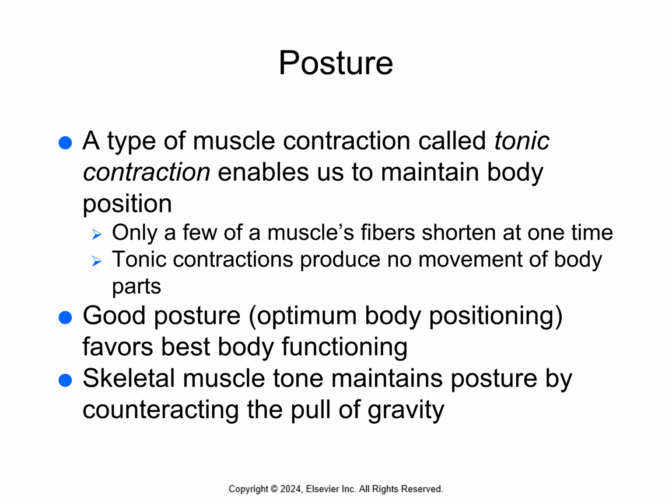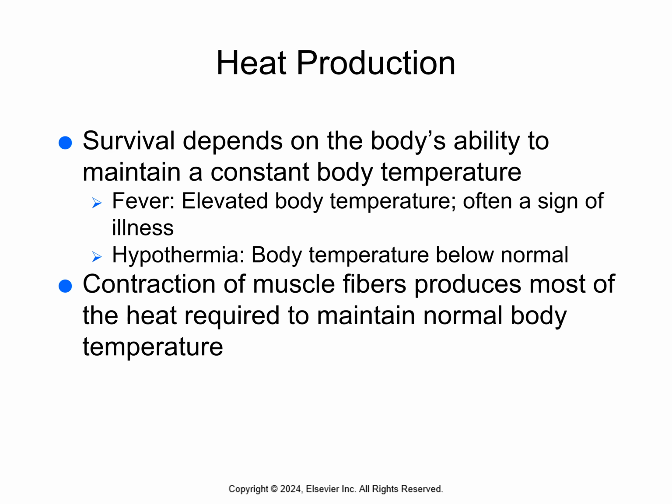Another function of skeletal muscle, outside of movement and posture, is heat production. To survive, our body's ability to maintain a constant body temperature is important. So if we have what they call a fever, being febrile or hyperthermic, it's an elevated body temperature, often a sign of illness.